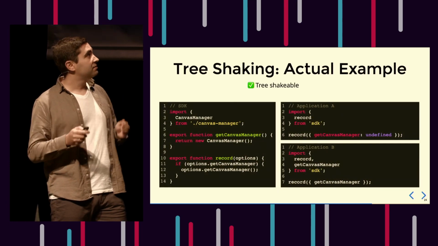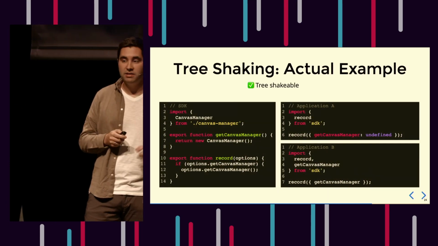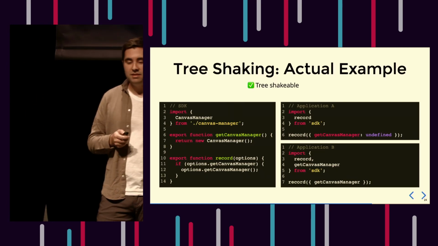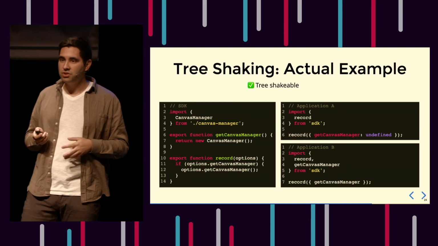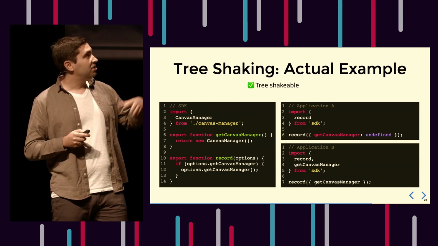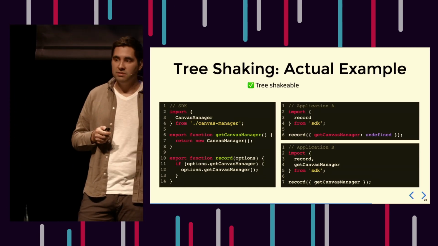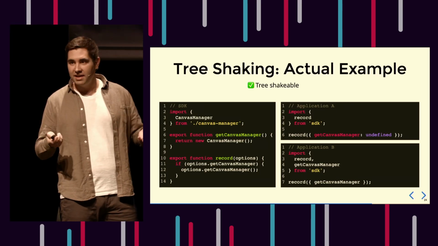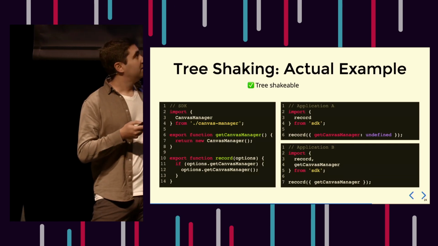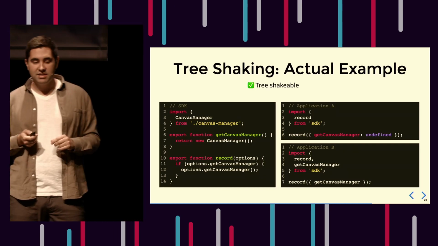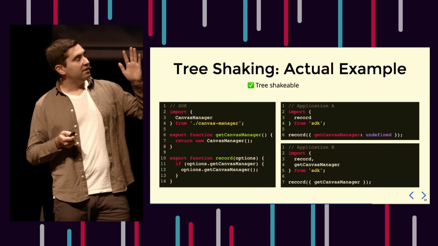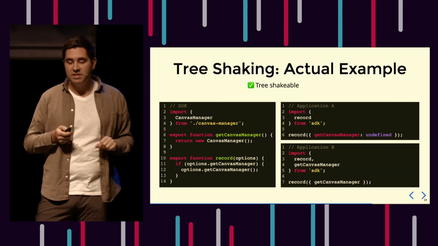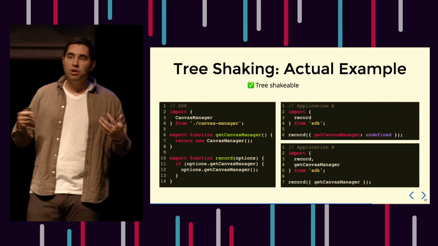So we changed this to a more tree shakeable pattern, which you see on the left side. Instead of passing recordCanvas as a Boolean option to the record function, we actually pass a getCanvasManager function to the record method. We export a getCanvasManager method, which does all the canvas setup. Now, in the top section, you see an example where we're not using canvas.